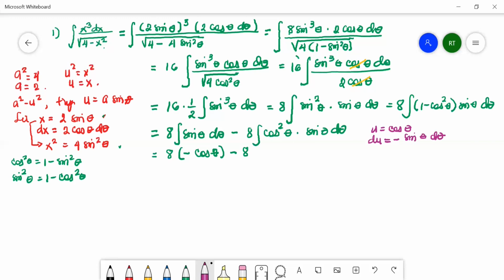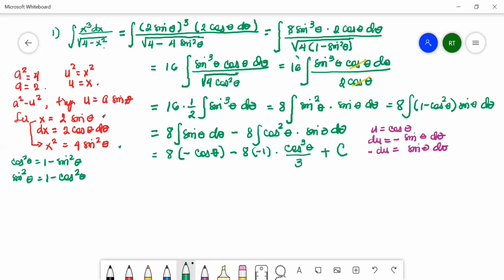Hence, there must be a correction factor -1, since negative differential of u is equal to sine of theta d theta. By power formula of integration with the correction factor -1, the integral of cosine square of theta times sine of theta d theta is cosine raised to the third of theta over 3 plus the constant of integration.